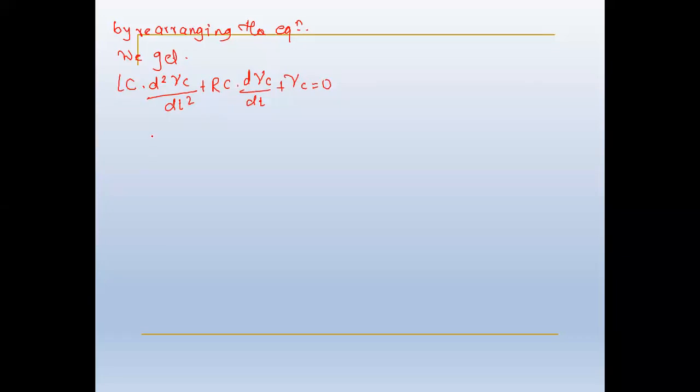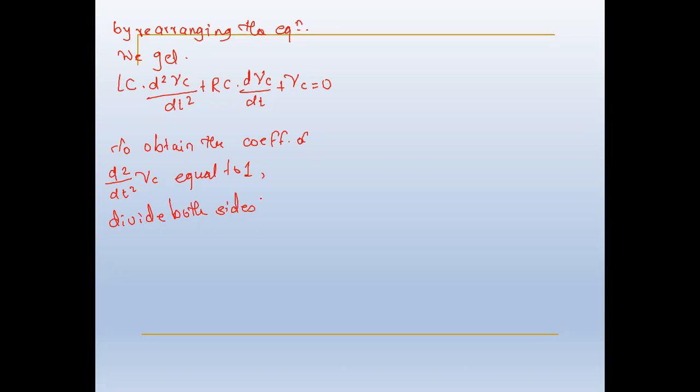So to obtain the coefficient of d square by dt square of VC equal to 1, divide both sides by LC.